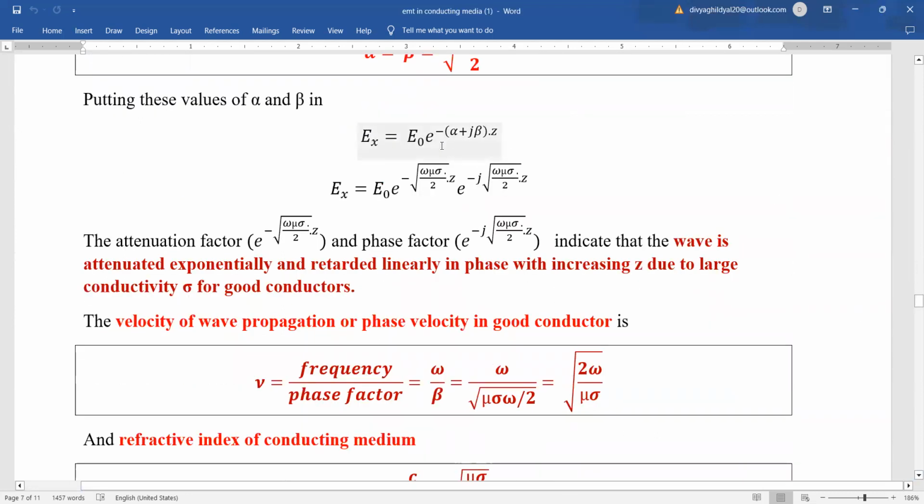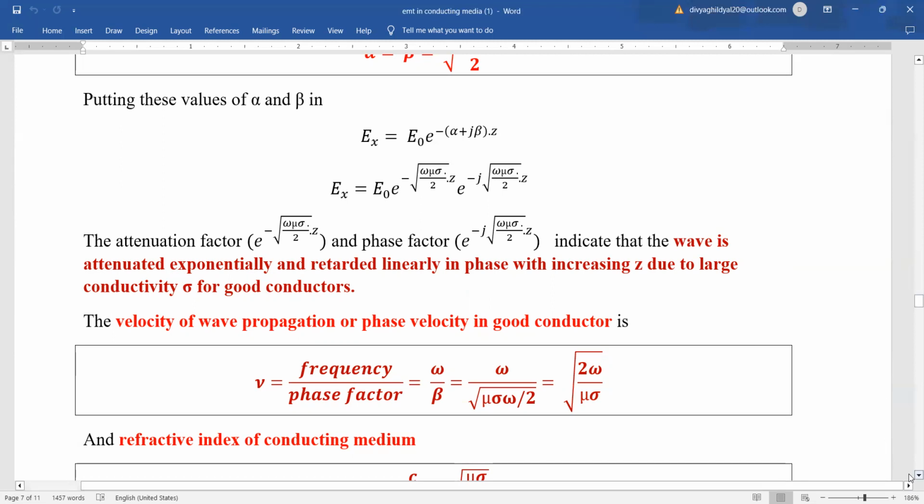We can put in this expression and write the expression as e to the power of minus under root omega mu sigma upon 2 z and phase factor e to the power of minus j under root omega mu sigma upon 2 z, which is indicating that the wave is attenuated exponentially and retarded linearly in phase with increasing z due to large conductivity for good conductors.